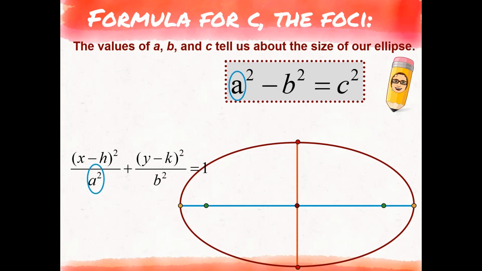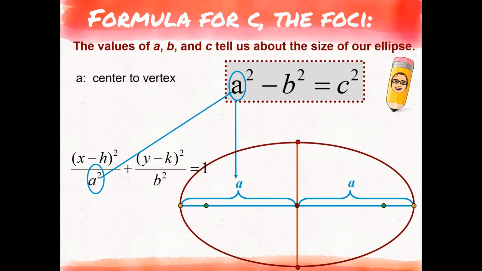That a value is going to tell you how far your center is to a vertex. This is also where those colors might come into play. So the color that you used for the vertex on your drawing, maybe you want to do the same thing, circling the a or putting something along that on the graph.